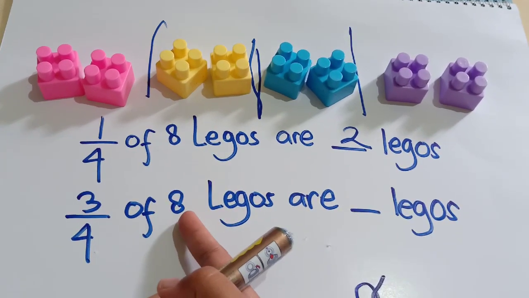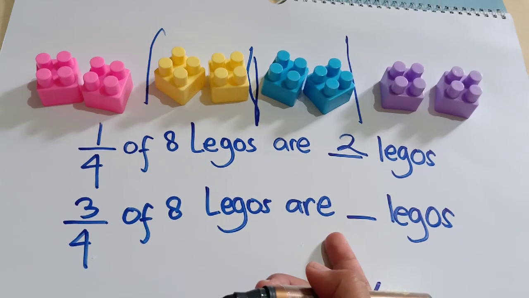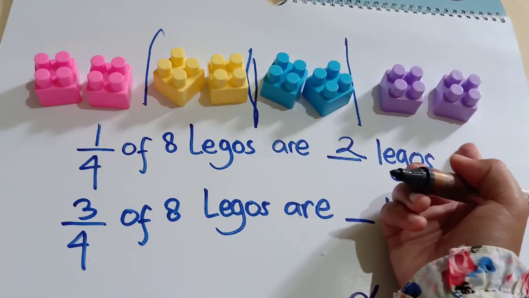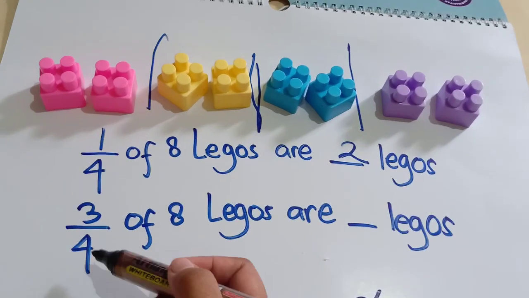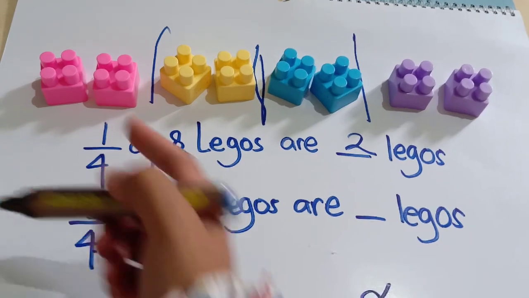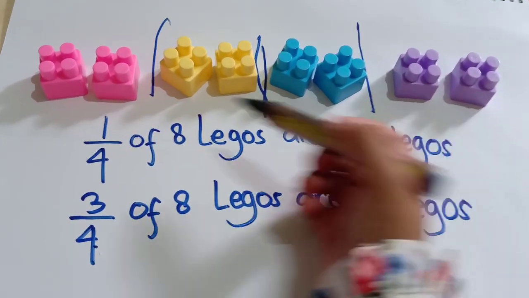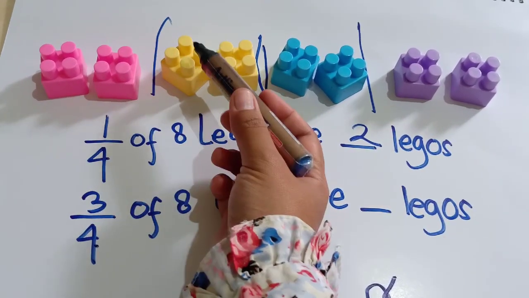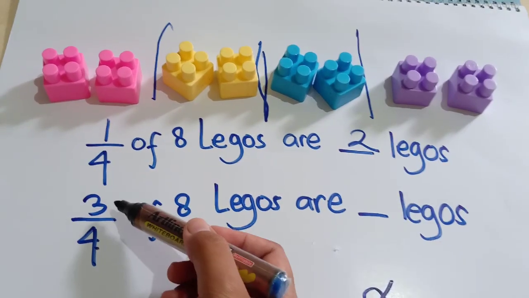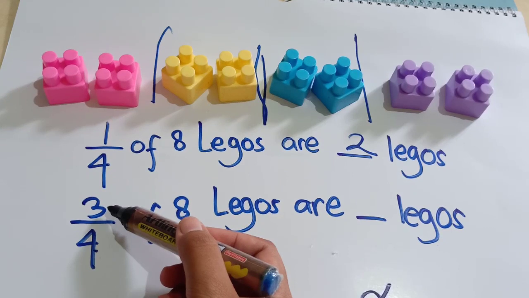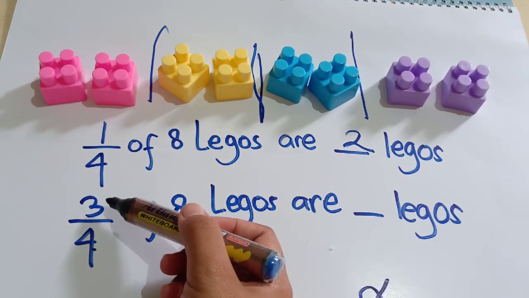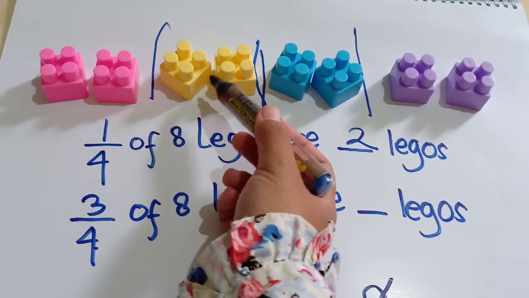The next, 3/4 of 8 Legos is how many Legos? Look at those 8 Legos. We do the same. 4 means we divide 8 Legos into 4 groups. First group, second group, third group, and fourth group. The question asks 3/4, so you only need to count 3 groups.